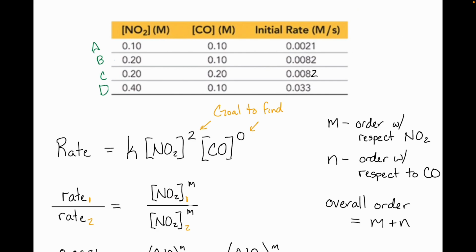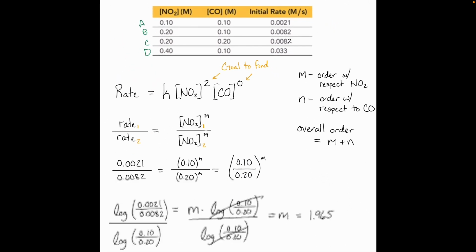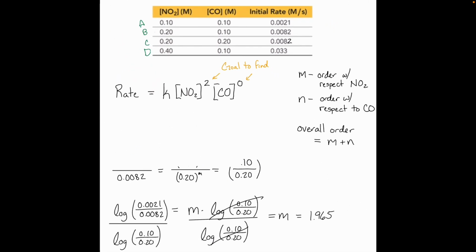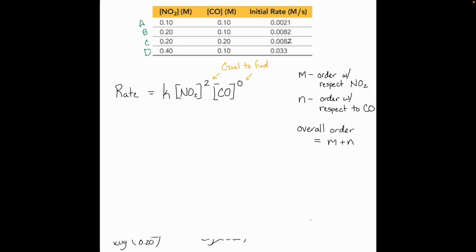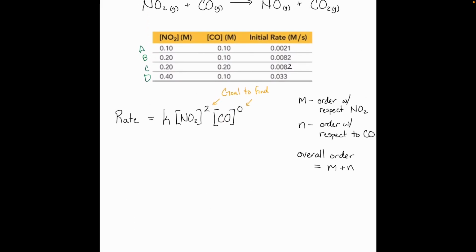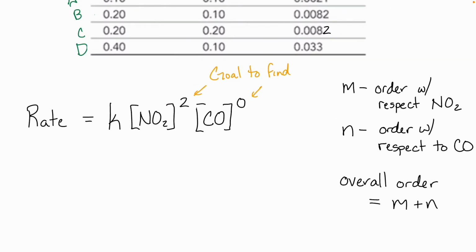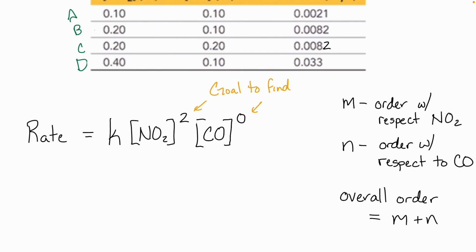Okay, so there are 2 more things that I can ask you from this type of problem. All right, let's get rid of this here because now we've got our order figured out. Now I actually have enough information to solve for my rate constant, to get the value of k.